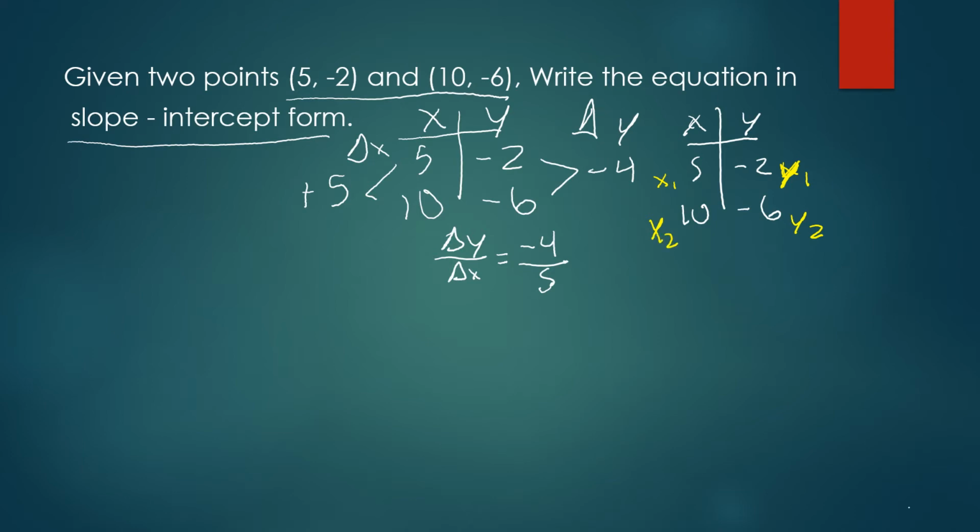And then do the version of the slope formula. 10 minus 5, which gives me 5. Negative 6 minus negative 2. Since this is double negative, that turns into a plus. So negative 6 plus 2 gives me negative 4, which is the same thing, negative 4 over 5.